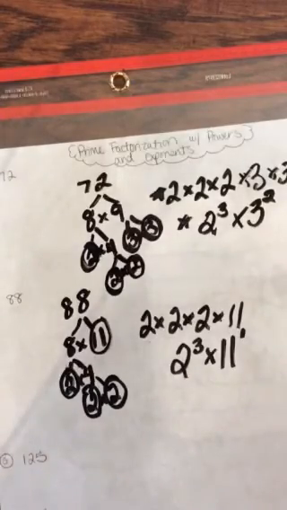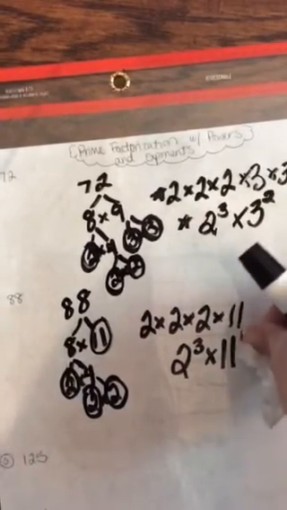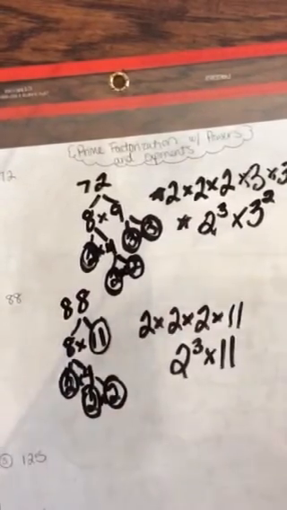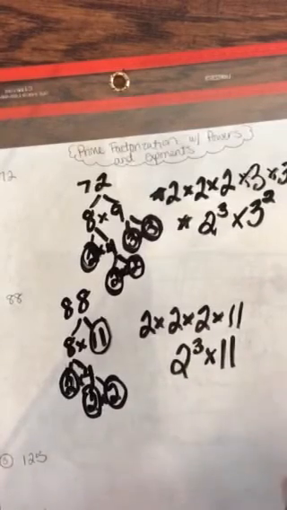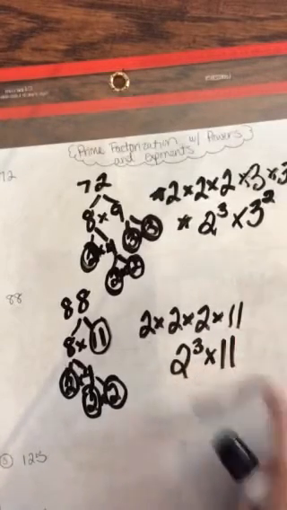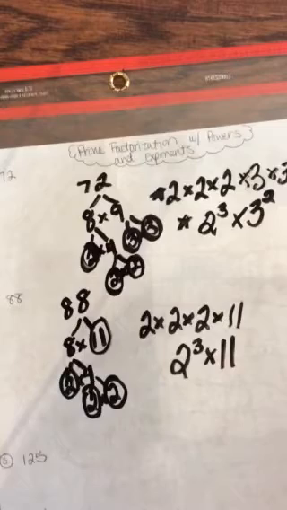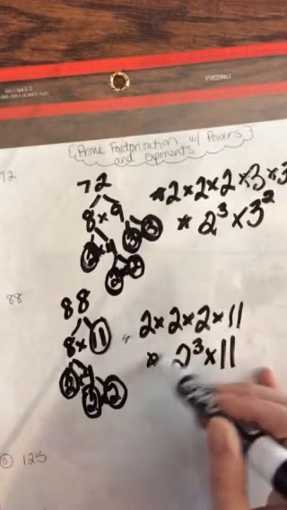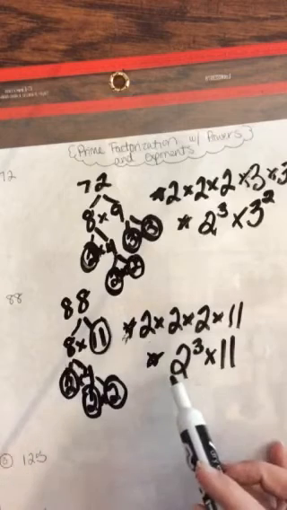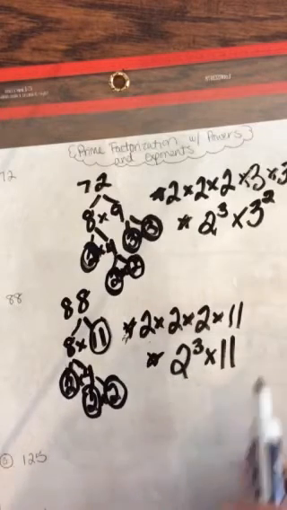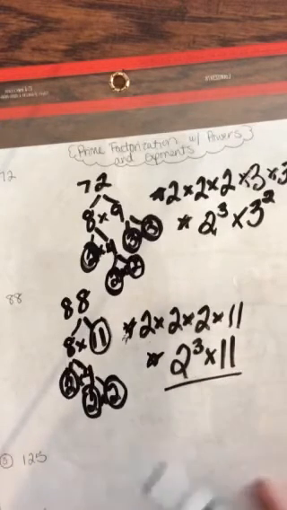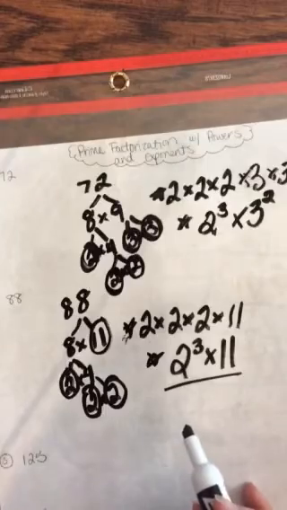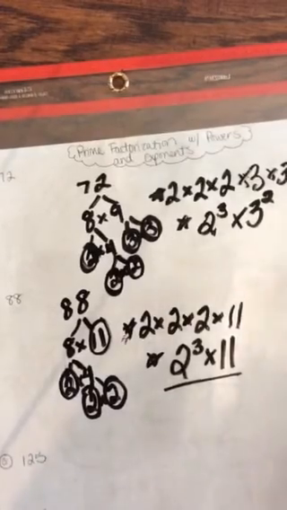That's not incorrect. However, most people when they're writing exponents only write exponents that are 2 or larger. So typically I just leave that off and just have the base number as 11. Again, both of these answers are correct. However, if your question asks you for writing it with exponents and powers, you would need to have this second answer, 2 to the third power times 11.